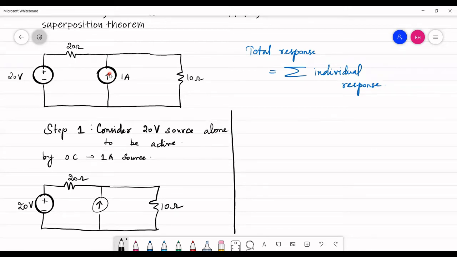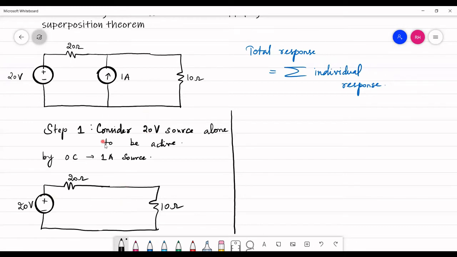So this is the current source. So I'm open circuiting the current source. That is, I am removing the current source. These two leads. Okay, so here current is not going to flow, right? So let me rub it off completely. Okay. So this is my circuit.